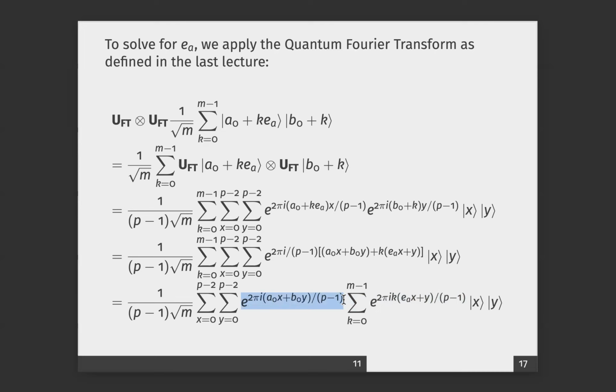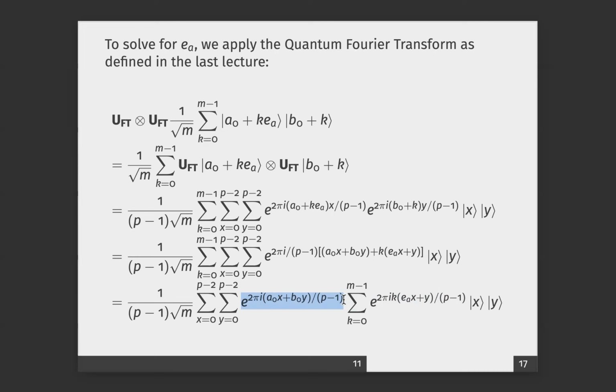Let me show you. So e to the 2 pi i, a0x plus b0y over p minus 1.